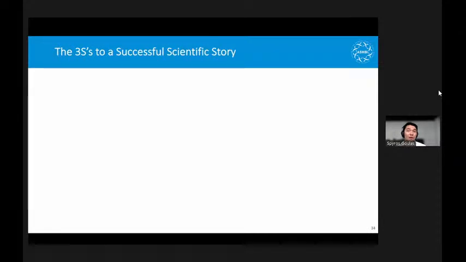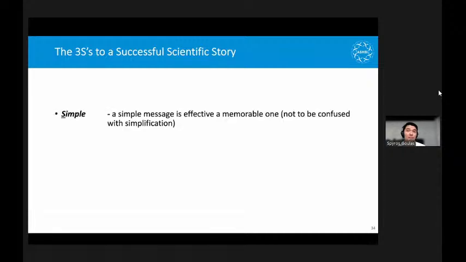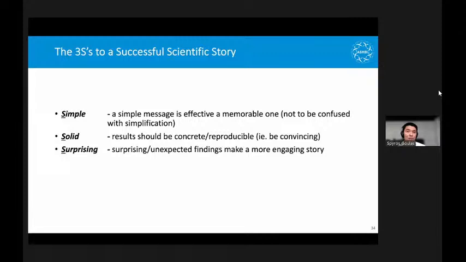Next, more about how to think about writing your paper. How can an author design a more successful scientific story? For that, I would like to propose the 3 S's. Keep it simple, solid, and surprising. So why these 3 S's? Simple, as a simple message is the most effective and most memorable one. Solid, because reproducible results are the most convincing ones.